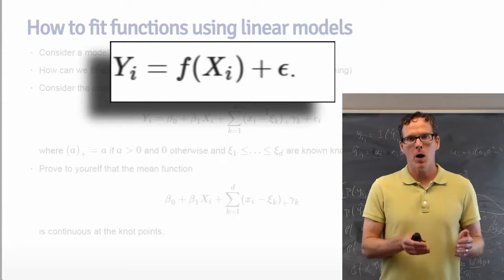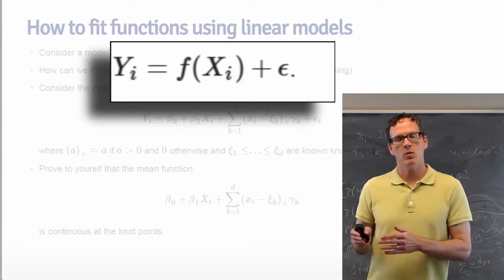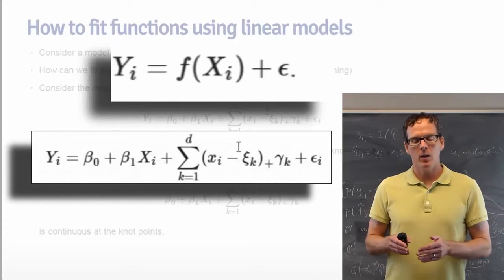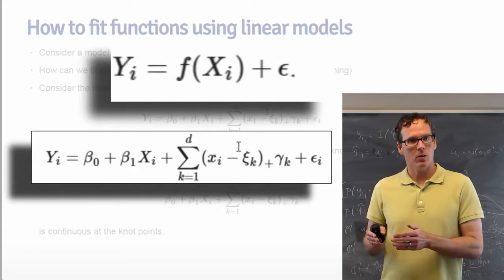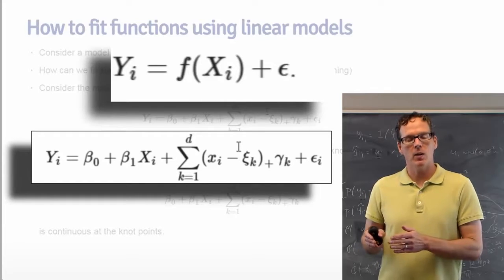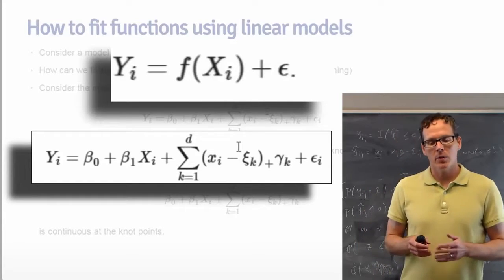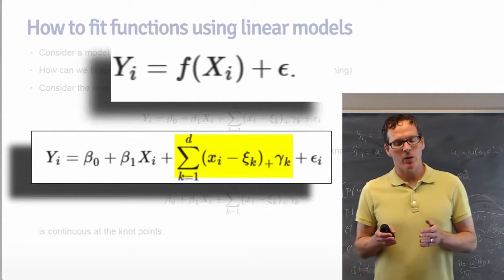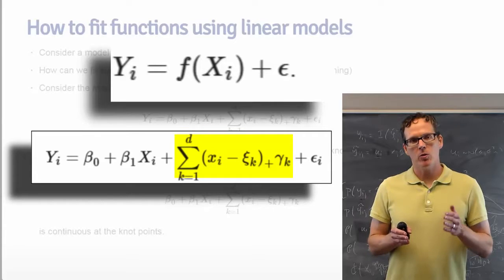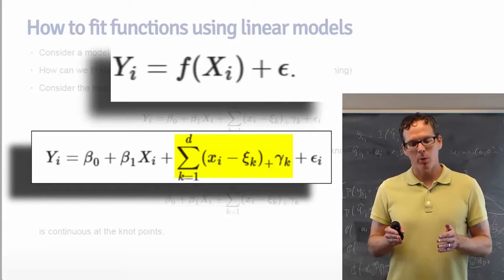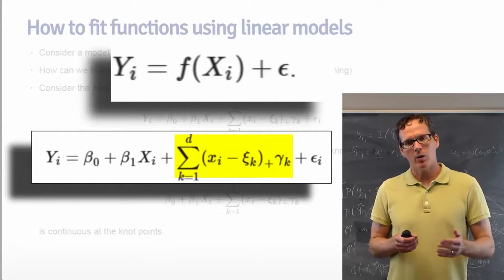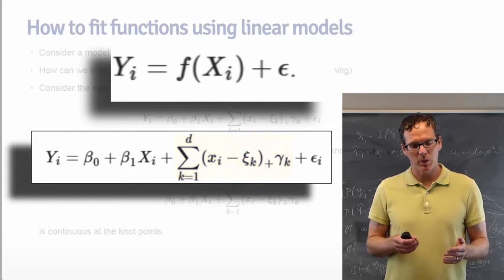Our model for y equal f of x plus epsilon is going to be y equal to an intercept, beta naught, plus a regular slope term, beta 1 times x1, but then a sum of a bunch of terms of x minus a knot point, with a little plus on the bottom, times gamma. I'll show you in a second what these actually mean.